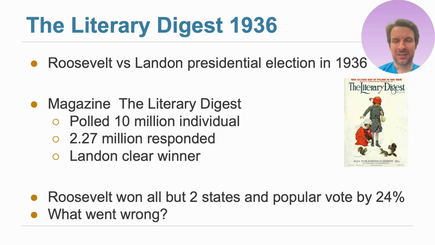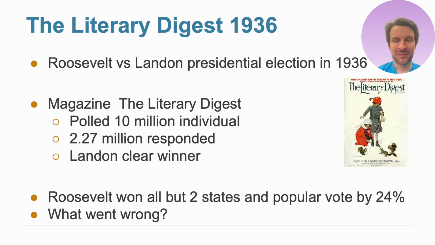Over 2 million replied, and the clear winner was Landon for president. That was the poll. And then, when the voting actually happened, Roosevelt won almost every state. But what they did in the sample looked like an overwhelming victory for Landon.